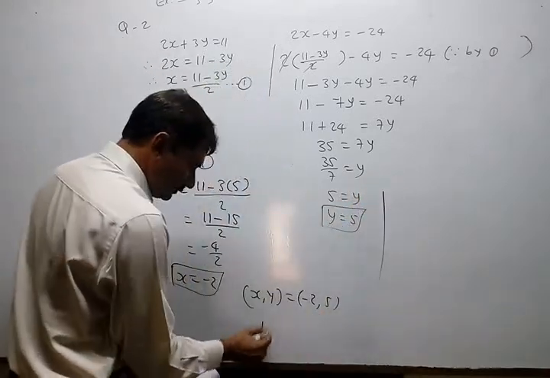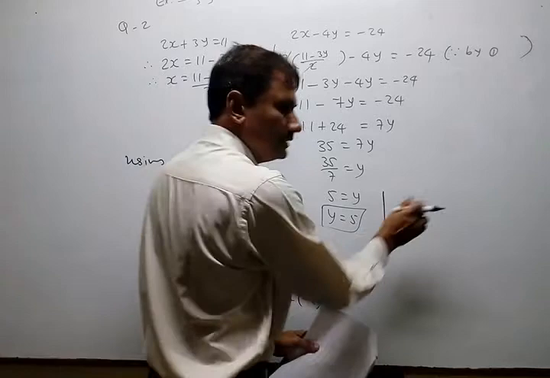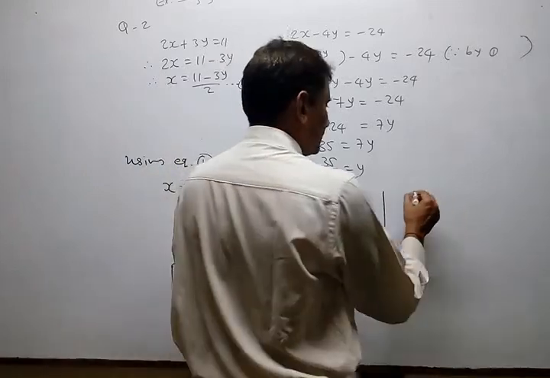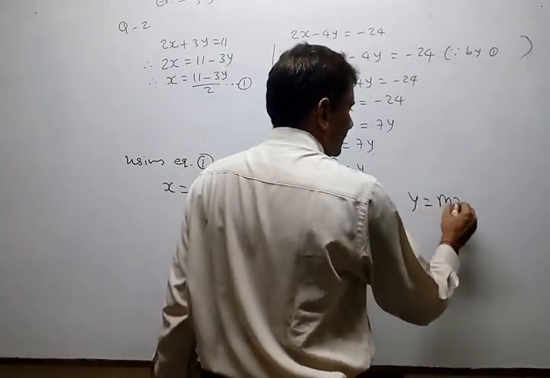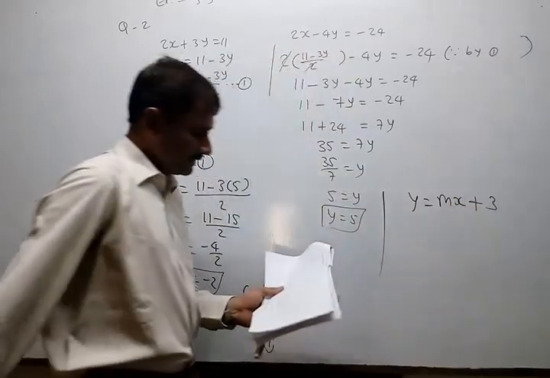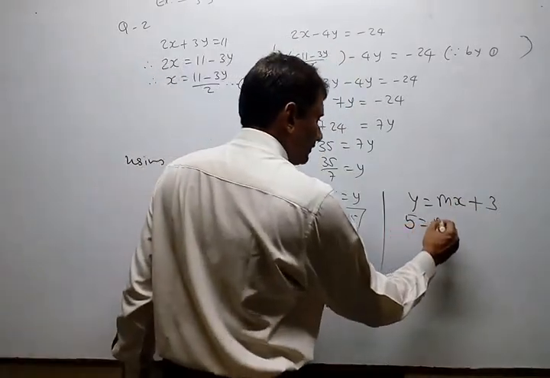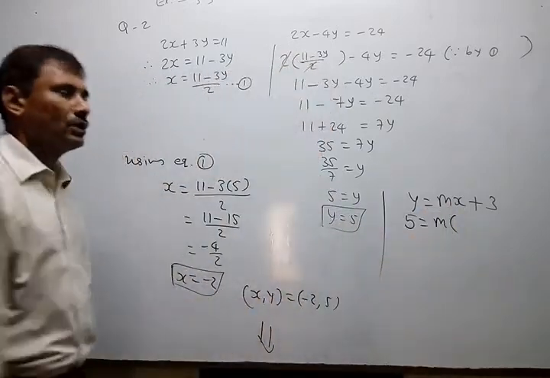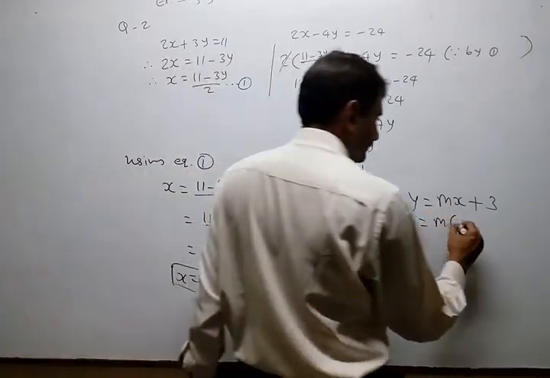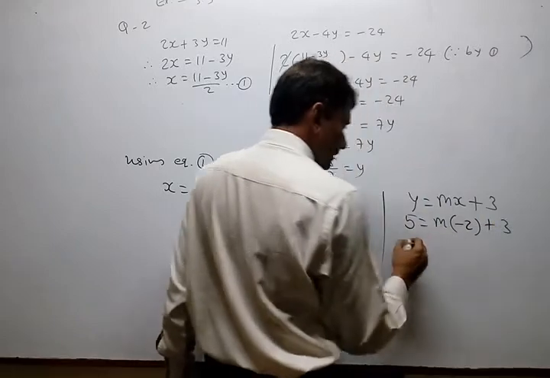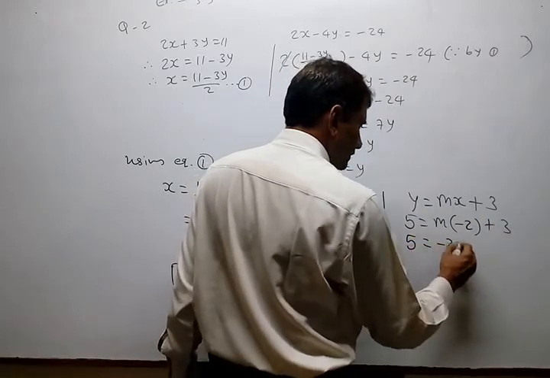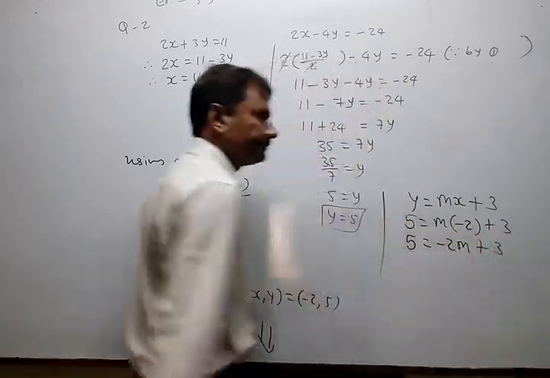You have to write from here only. The equation is y equal to mx plus 3. Now y we got 5, m remains m, x we got minus 2, plus 3. So it becomes 5 equal to minus 2m plus 3.